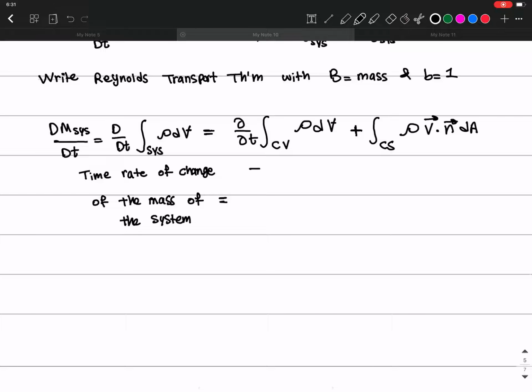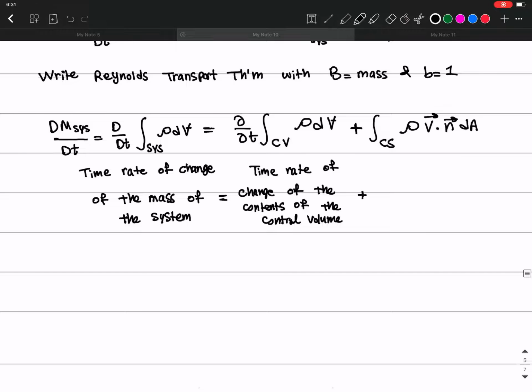The other term is the time rate of change of the contents of the control volume, a fixed control volume in space, you see what is the time rate of change of the contents inside that control volume, plus the net rate of flow of mass through the control surface.